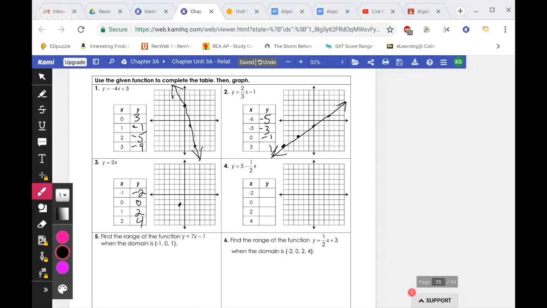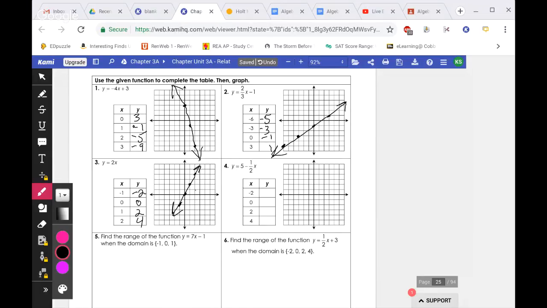So over 1, down 2. 0, 0, that's the origin. And right 1, up 2. Right 2, up 4. Connect them. And you have your line.